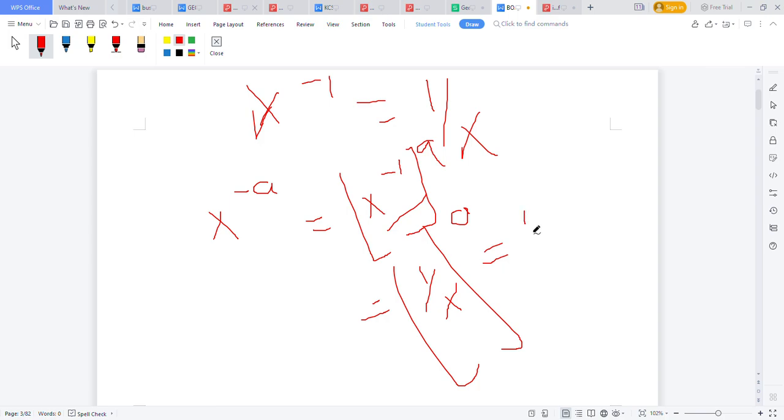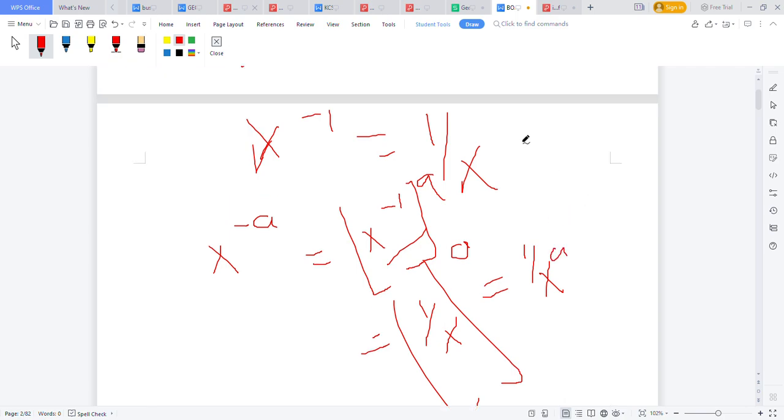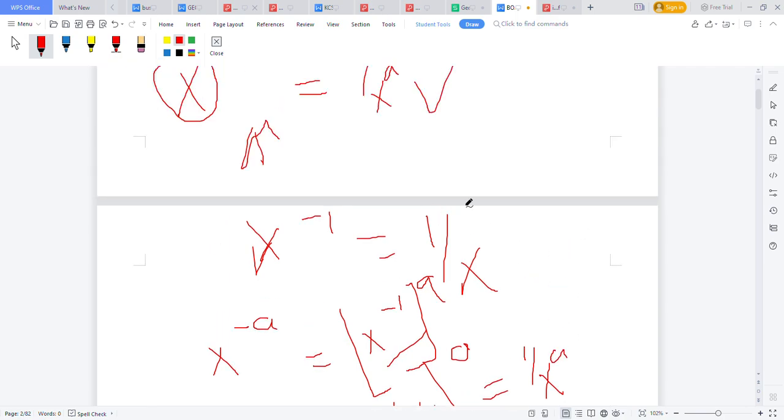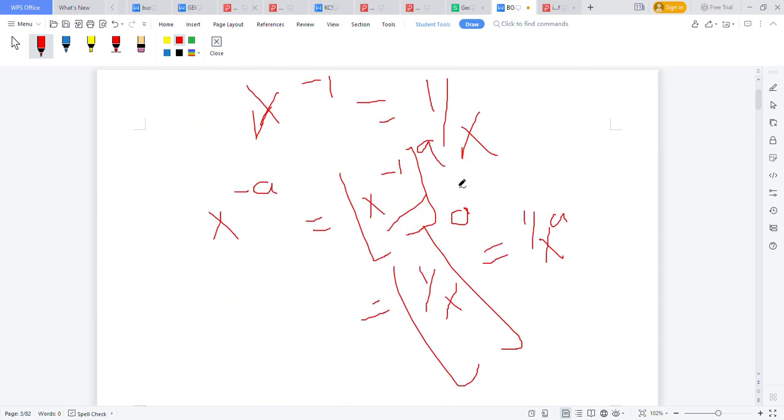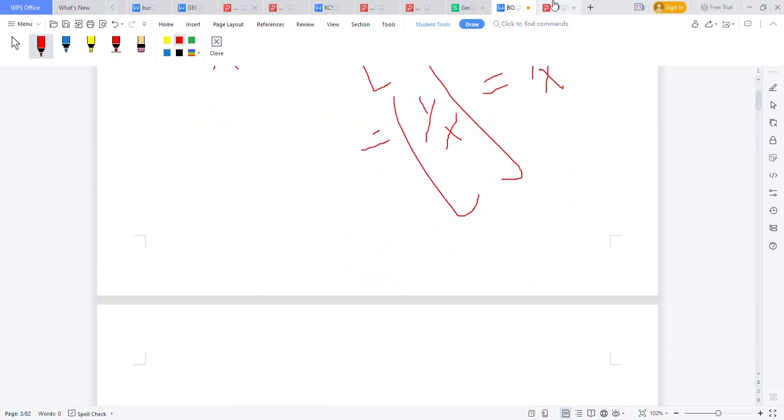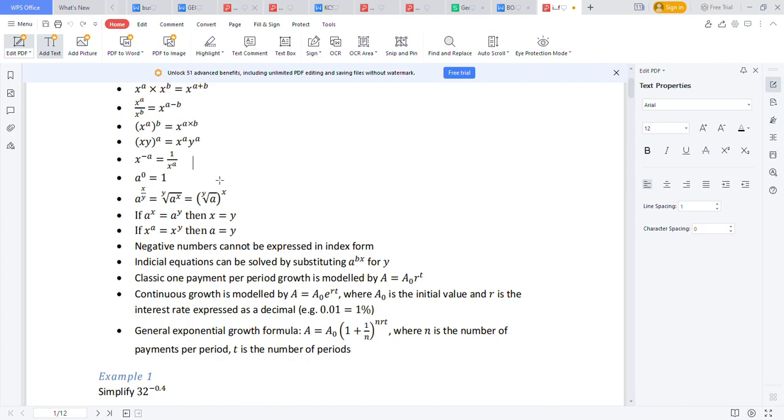So you're going to have 1 over x raised to a. That's why we are saying that x raised to negative a is the same as this one here. I have explained that, now it is clear. Let's move to the next one here.